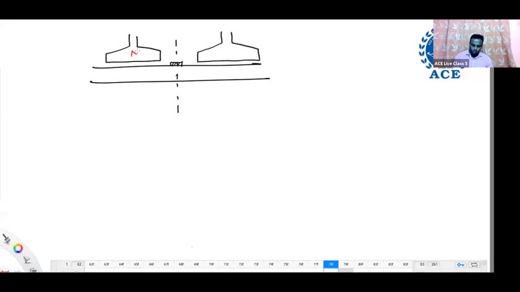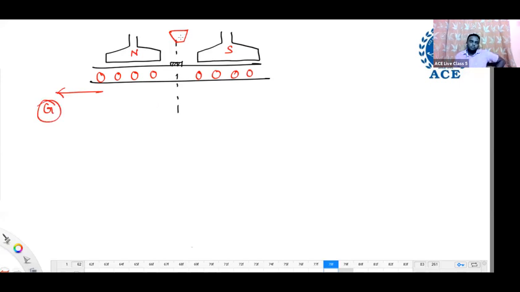Let it be North Pole, South Pole. Now I am placing one interpole here. According to the figure, tell me what is the polarity of the interpole.